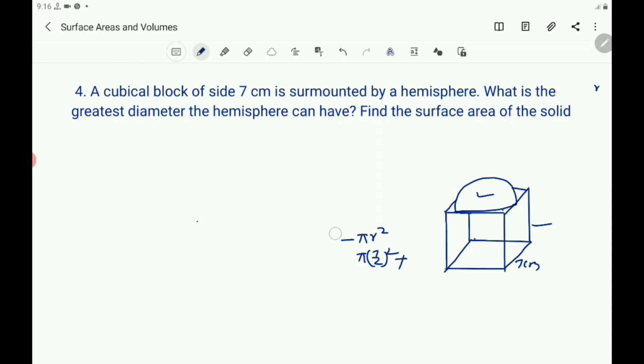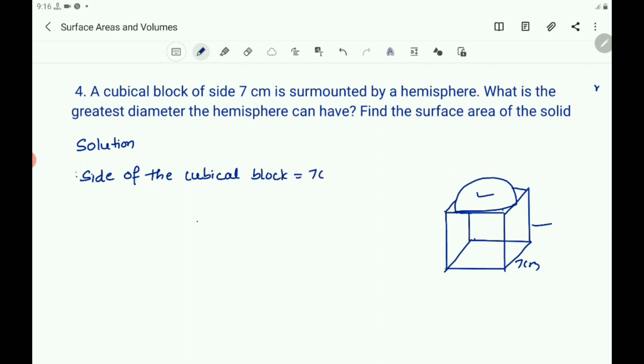Therefore, here you write the solution. What is given here? The side of the cubical block is given. Side of the cubical block equals 7 cm, and the greatest diameter of the hemisphere must be equal to the side of the cubical block.